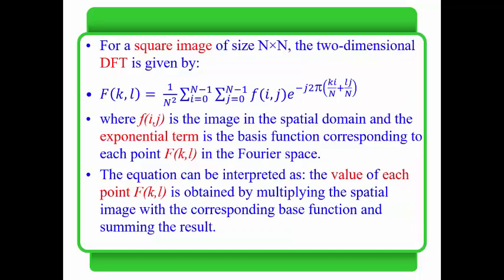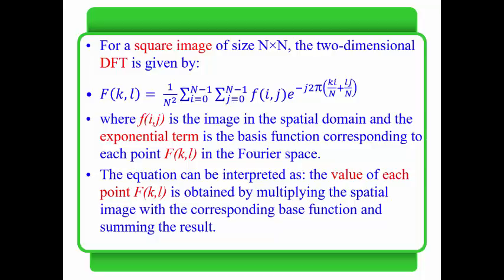So here we said that for a square image of n by n, the two-dimensional discrete Fourier transform, since we are dealing with finding the variation in the frequency in both the horizontal and vertical directions, the component at row k and column l can be obtained by multiplying the image by this kernel, and then making a summation of this multiplication.